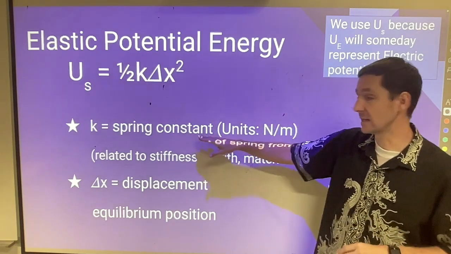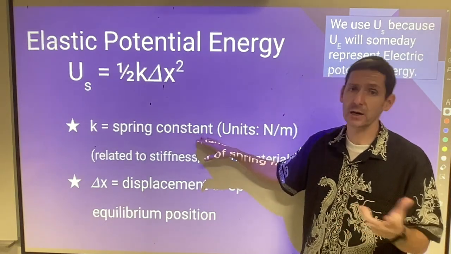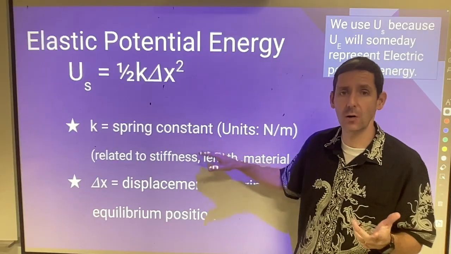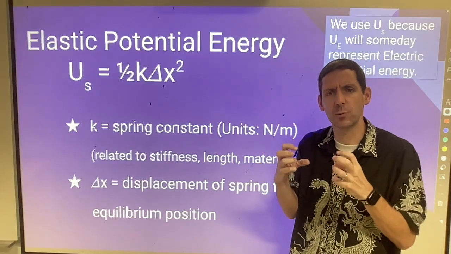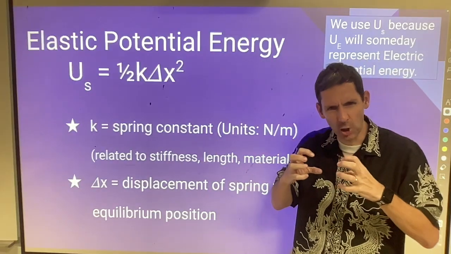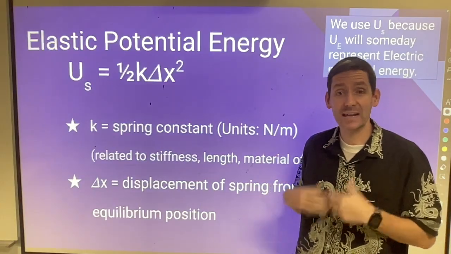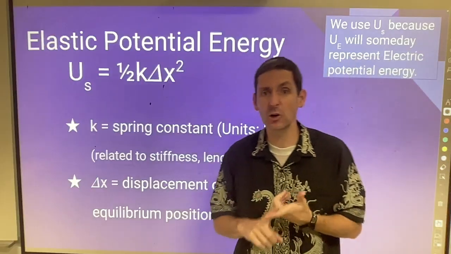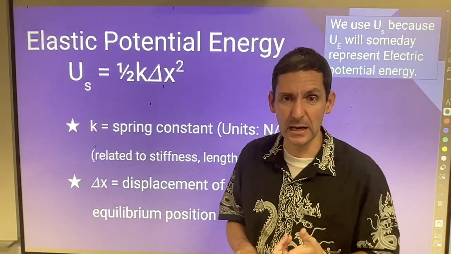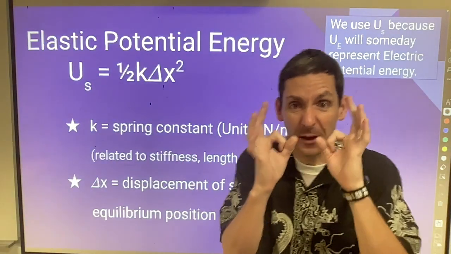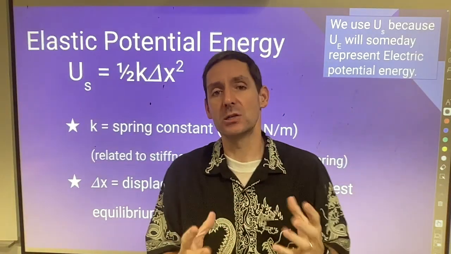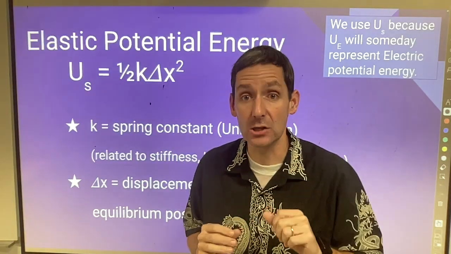Okay, now k is the spring constant. Don't worry too much about it right now, but it's related to how stiff the spring is, right? If it's harder to pull, it takes more energy to pull, you're going to have a higher k. That k depends on a lot of things: the material of the spring, how long it is, how big the coils are, how thick the coils are. So we're not going to go into the details of that.